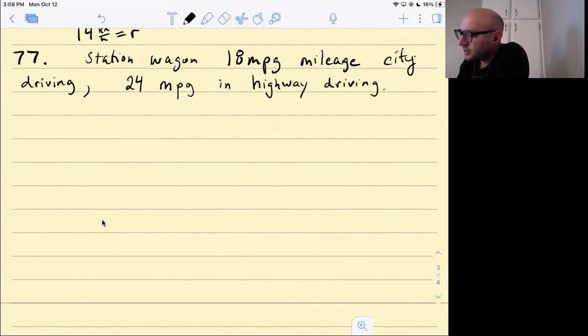So here they tell us the car is driven 465 miles on 23 gallons.